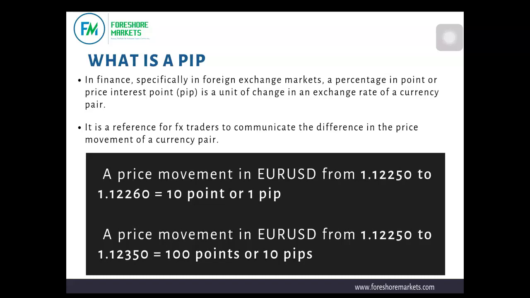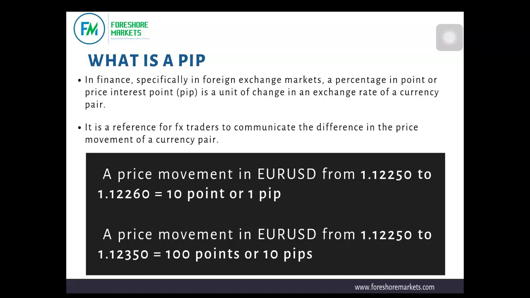It's either going to be the regular currency pair or the JPY currency pairs. But for the experienced guys, as you grow in the game, just note that the regular currency pairs to the right of the decimal place usually have 5 decimal points, while the JPY pairs usually have 3 decimal points.